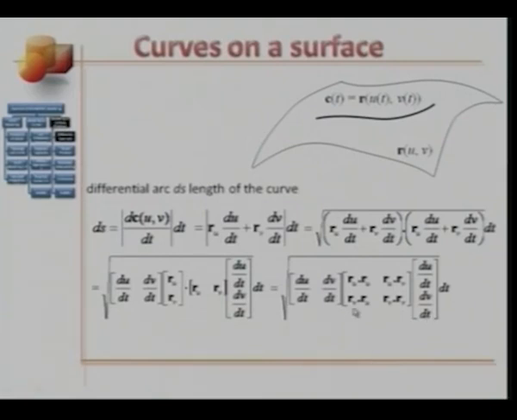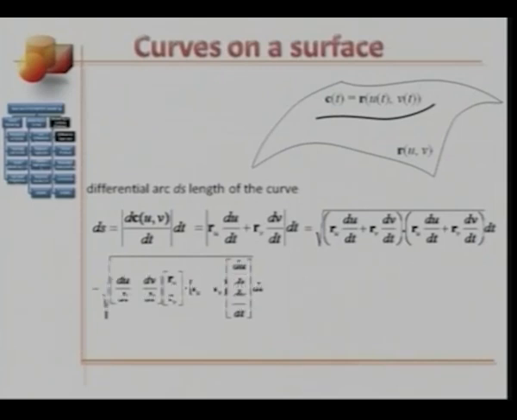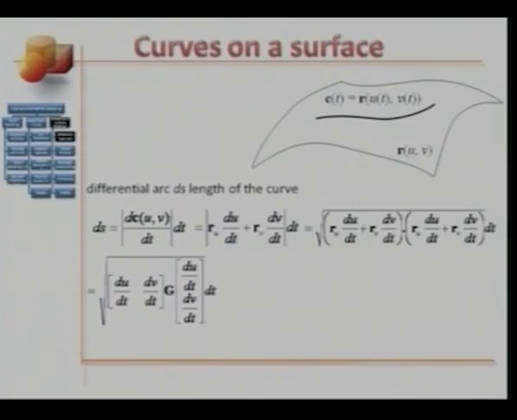This 2 by 2 matrix has a special name and accordingly a special significance. We'll come to that. What I would request you is to remember this expression or this matrix. We write that 2 by 2 matrix in short as capital G in bold.